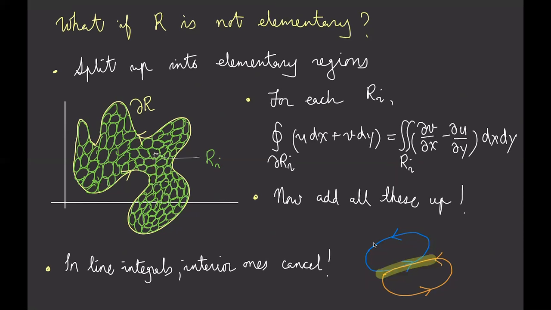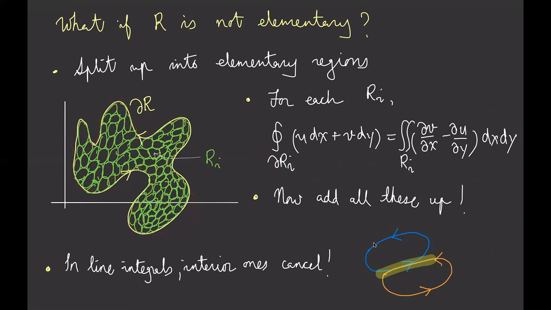What are you left with? Well, curves like this: I have this exterior connection along the yellow part of dr. That's not going to cancel, so there's nothing left to cancel with. All of that is going to remain, and all of those are in the correct, anticlockwise direction. So when you add up all of these, you get the cancellation in the interior, and you're just left with the integral on the outside.